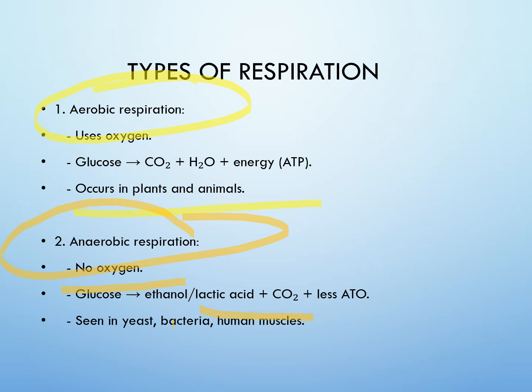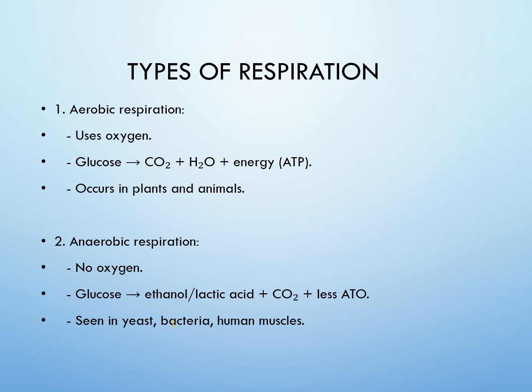A small amount of ATP is produced. You will see ahead in further classes that only two ATP molecules are produced in anaerobic respiration happening in the muscle cells. Only lactic acid is produced.